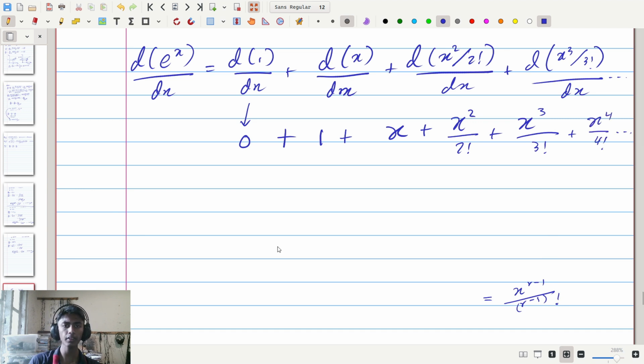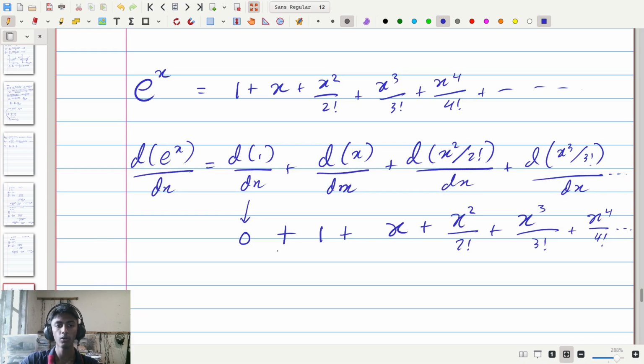Now notice here, what we had up here for e to the power of x is 1 plus x plus x squared divided by 2 factorial plus x cubed divided by 3 factorial plus x to the power of 4 divided by 4 factorial and so on. When we differentiated this, what we got is 0, which we can ignore, and 1 plus x plus x squared divided by 2 factorial plus x cubed divided by 3 factorial plus x to the power of 4 divided by 4 factorial and so on, which is exactly the same as what we had up here.